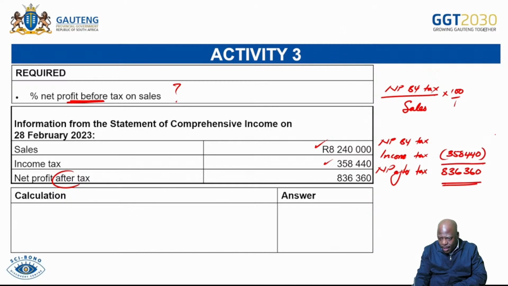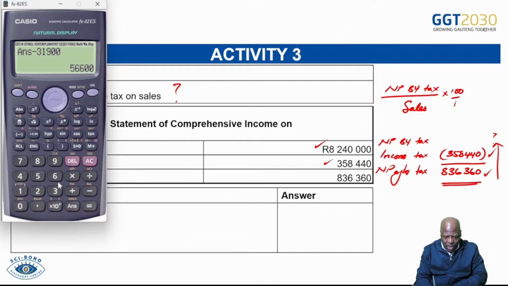Now, we want to get that one, the net profit before tax. I have already taught you the bottom up approach now. So in order for you to get your net profit before tax, you are simply saying the 836,360. You have to add that one. So you're going to say 836,360. Then you're going to add the 358,440.